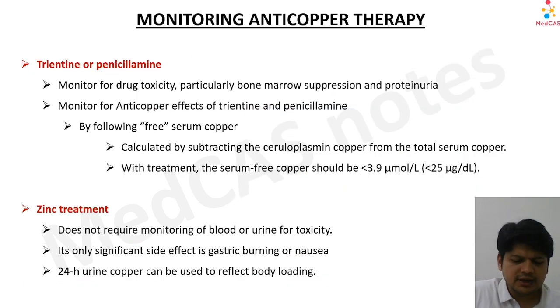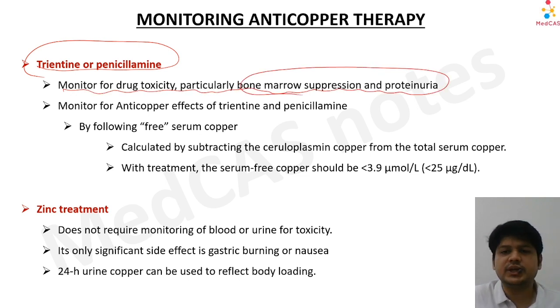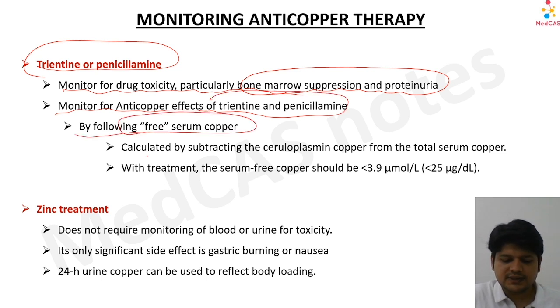Now the point to take, trientine and penicillamine: monitor for drug toxicity, particularly bone marrow suppression and proteinuria. Proteinuria is a very important side effect of this drug. Monitor for the anti-copper effect of trientine and penicillamine by the free serum copper level assay, which is calculated by subtracting the ceruloplasmin copper from the total serum copper.